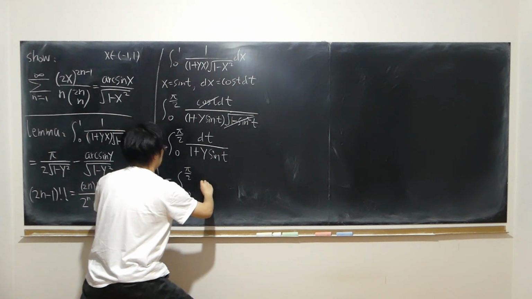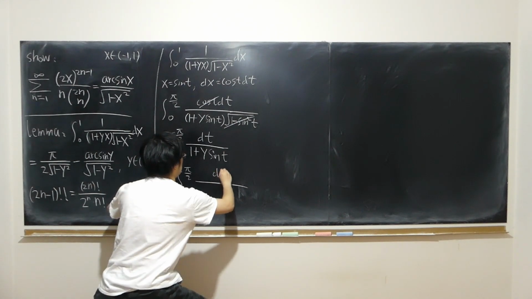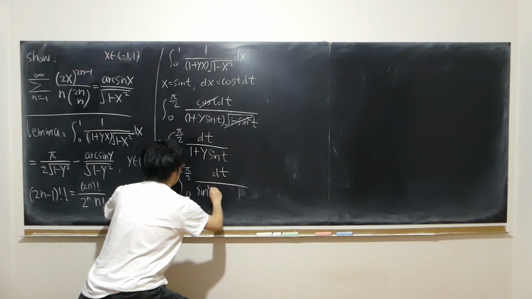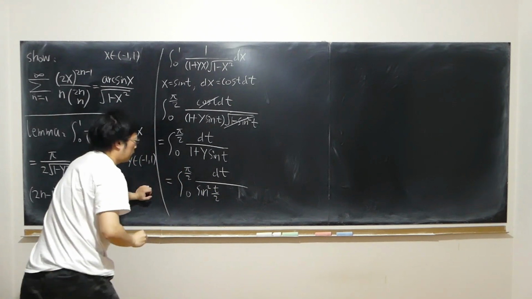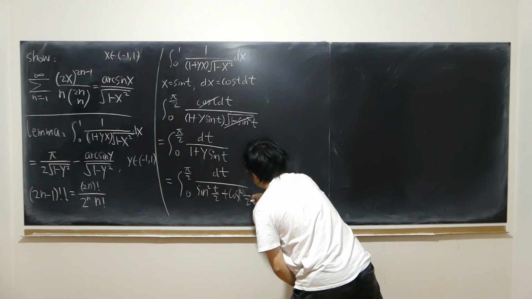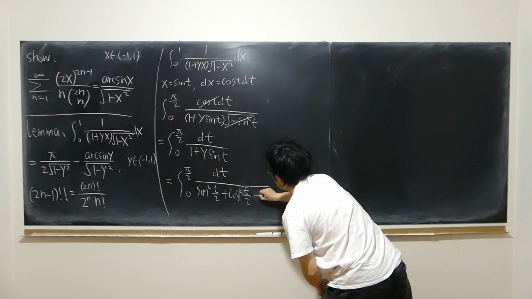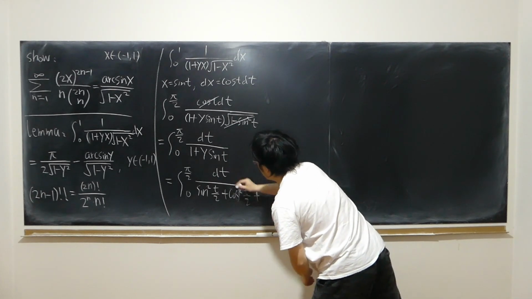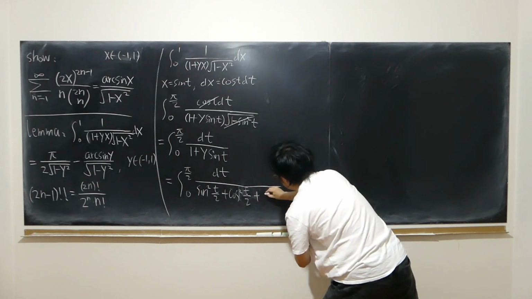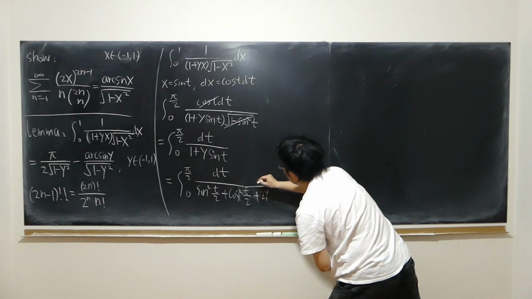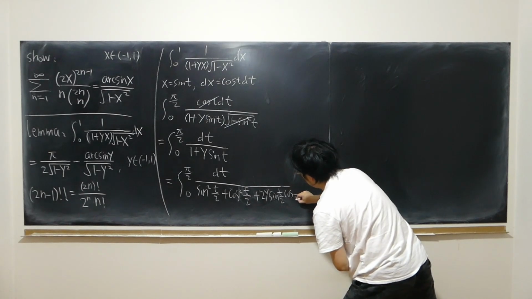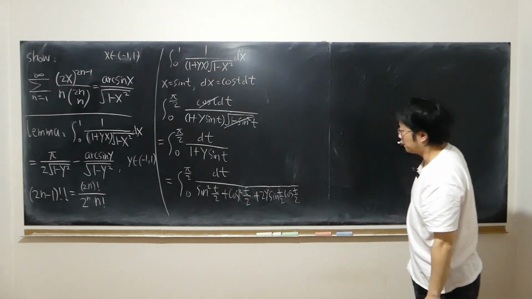We're going to rewrite it using one identity: sine squared half t plus cosine squared half t, plus y times 2 sine half t cosine half t, using the double angle formula.